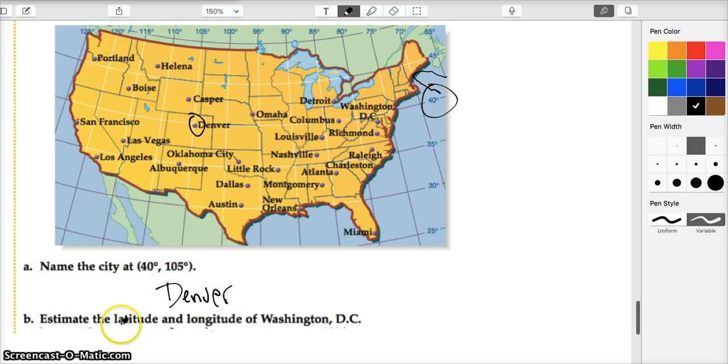The next question asks us to estimate the latitude and the longitude of Washington, D.C. So here's D.C. around here, and we estimate the latitude. We see that this is 40, and this is going down to 35. What would you say this line would be? I'm looking at that line, realizing that this is only 5. I'm saying 41 or 42. Let's say 41 and a half.